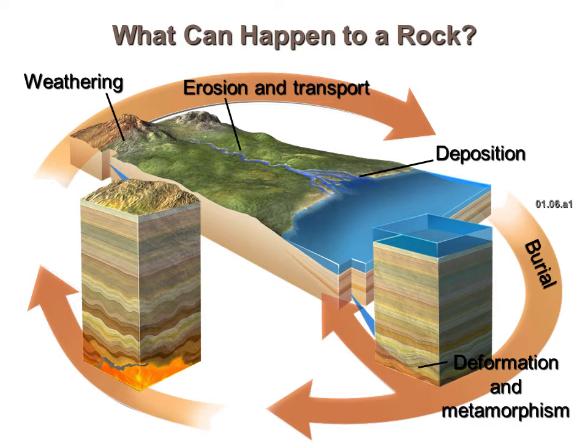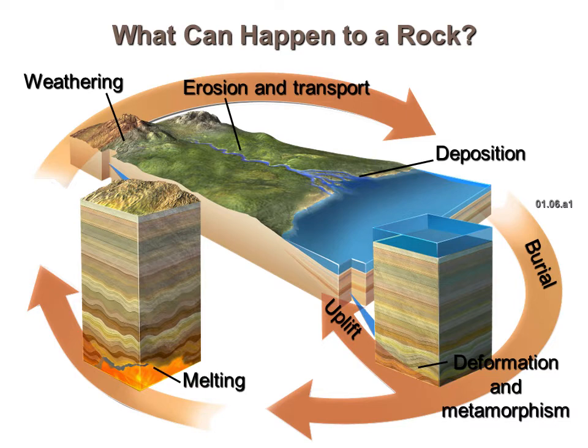Buried rocks can be heated, deformed, and converted into a new kind of rock. This is metamorphism. So we're applying heat, we're applying pressure, and we're metamorphosing that sedimentary rock. Now it is a metamorphic rock. At this point, we can either uplift it up to the surface as a metamorphic rock and the process starts all over, or we continue to add heat and pressure.